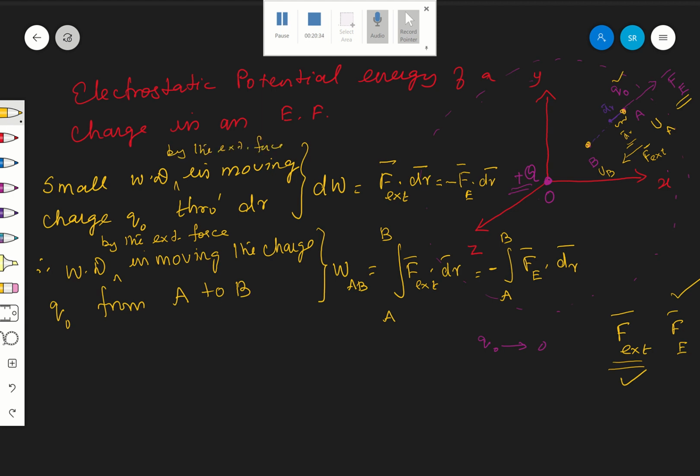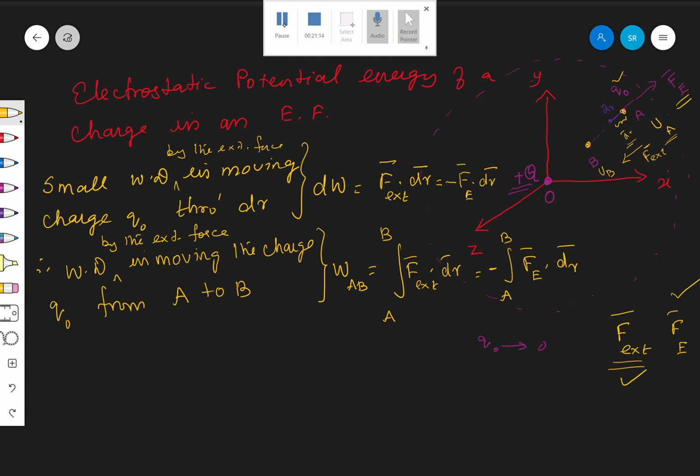So there is some work done by the external force in moving a charge Q naught from A to B, and that work done is stored in the charge as the extra potential energy. What is extra potential energy? Because already it was having some potential energy UA when it was at A.